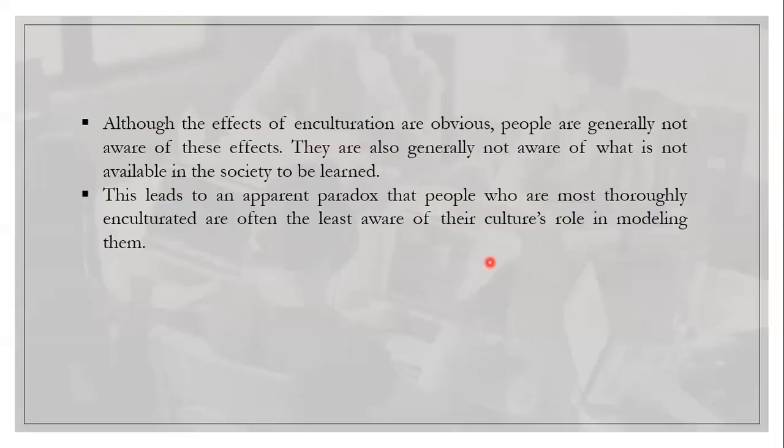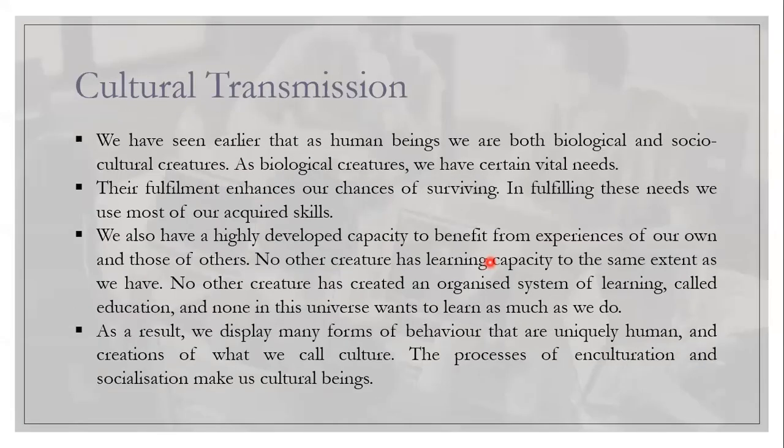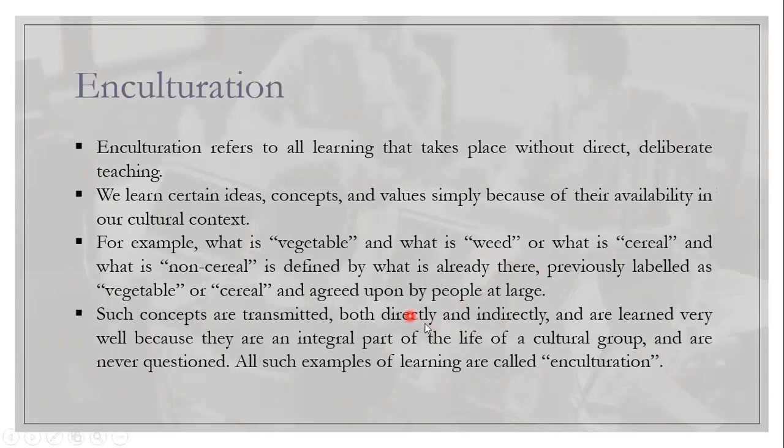This direct learning has happened through cultural transmission. The cultural transmission takes place in the form of enculturation and socialization. This is a direct learning like in biological creatures. As we have some needs, enculturation also has a direct learning which already exists.